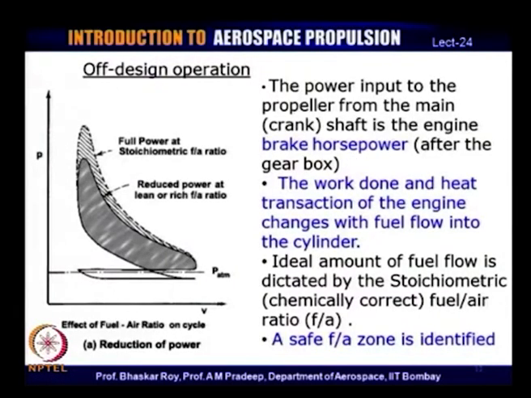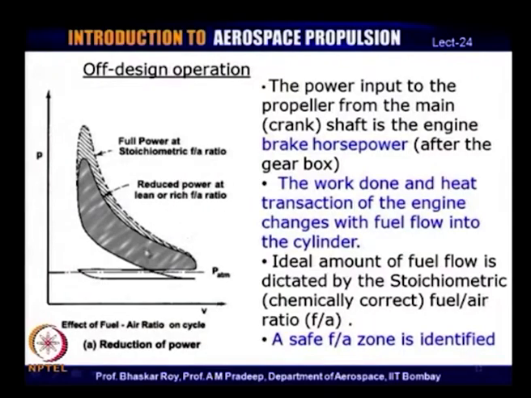Now, this work done and heat transaction of the engine has to be controlled, and it has to be changed with the operation of the aircraft, and it can be changed with the fuel flow into the cylinder. That is the primary control of the engine, the fuel flow, and the fuel control provides the engine control primarily.